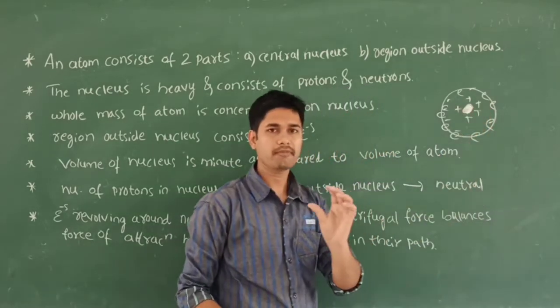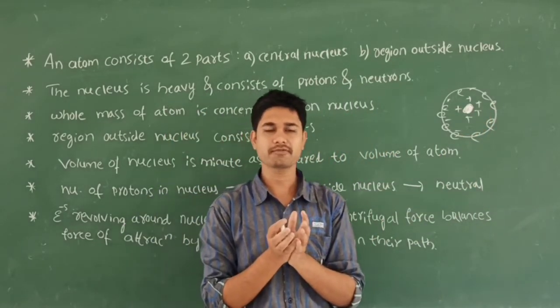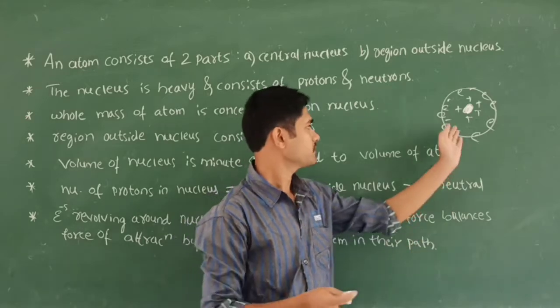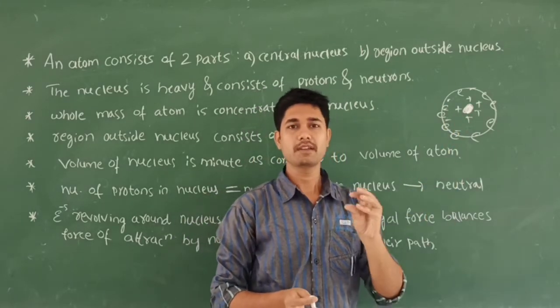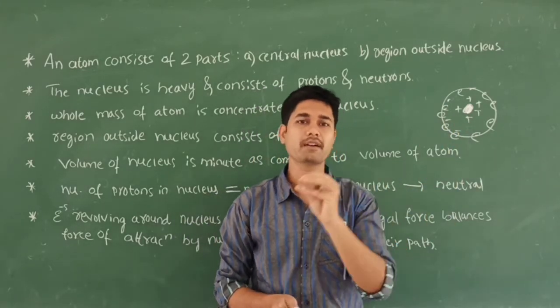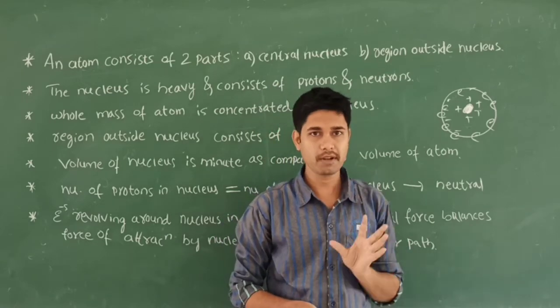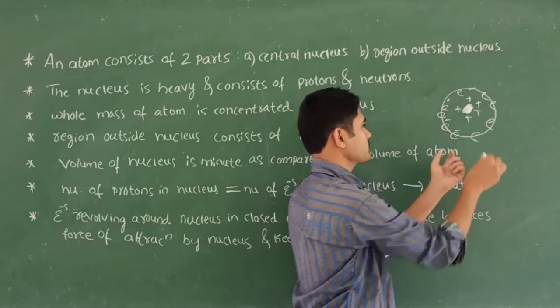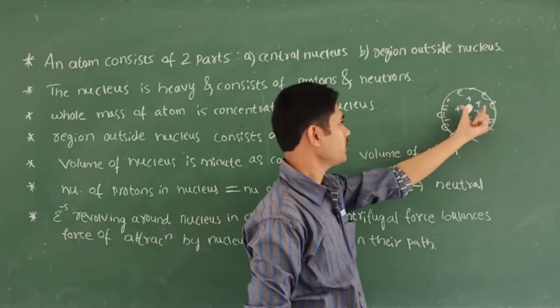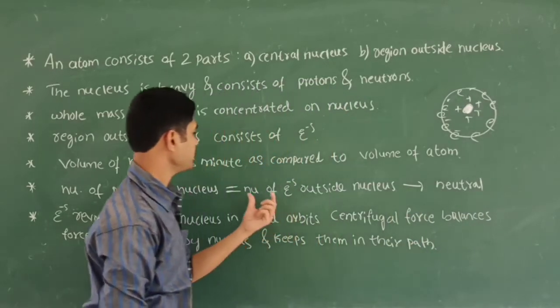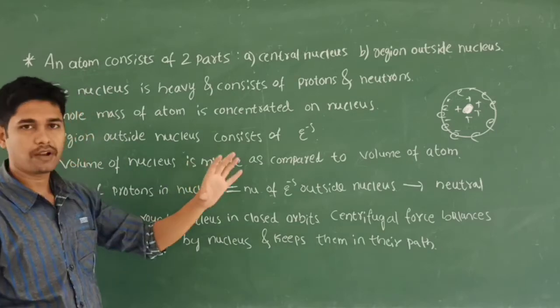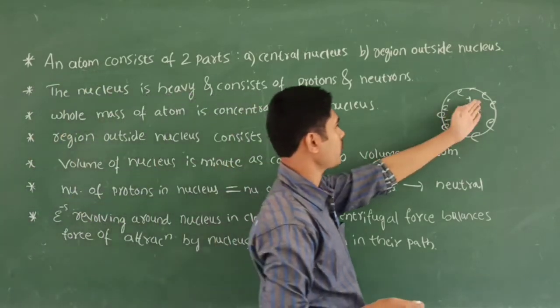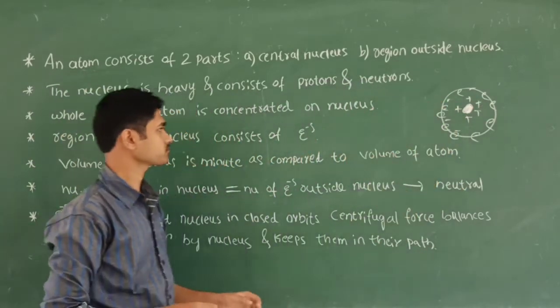The size of the atom is always bigger than the size of the nucleus, because the nucleus is a part of the atom, but the atom is not a part of the nucleus, right? When you look at this, this is the atom and this is the nucleus. The size is very small compared to the atom. So the volume of the nucleus is very small compared to the volume of the atom.